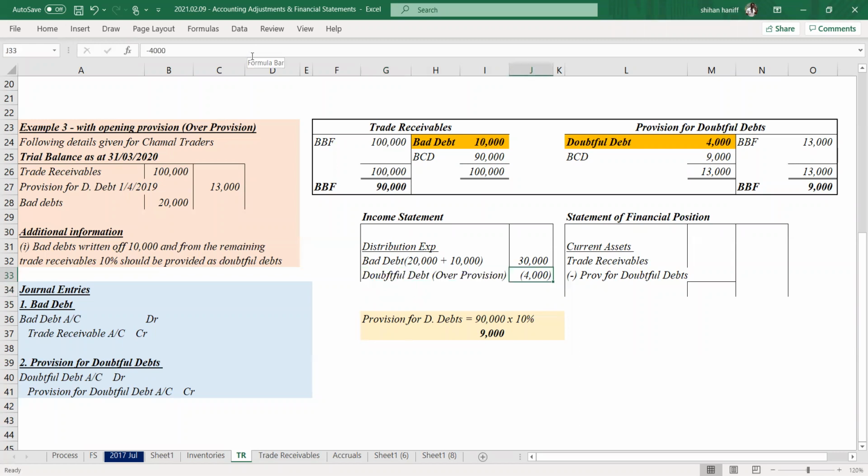It's minus from the distribution expense. The trade receivables would be 90,000 minus 9,000. That doesn't change. 81,000. That is example 3.